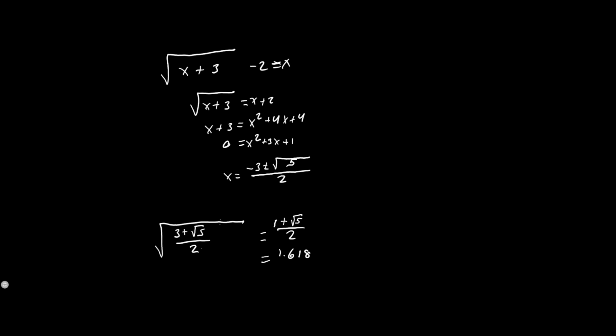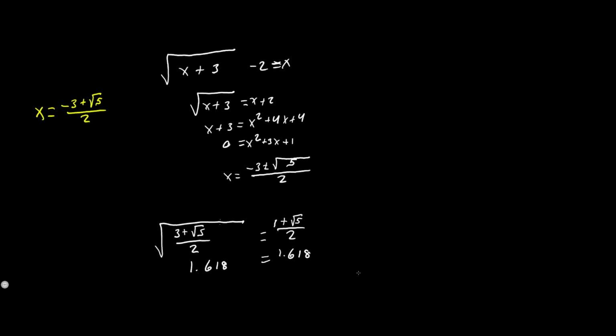And on the left-hand side, we have the square root of 3 plus root 5 over 2, and that is going to be the same thing as the right-hand side, so we get 1.618. So we see that x is indeed equal to negative 3 plus root 5 over 2.